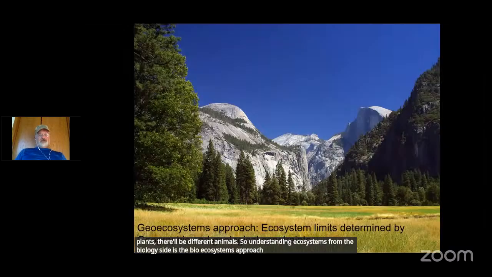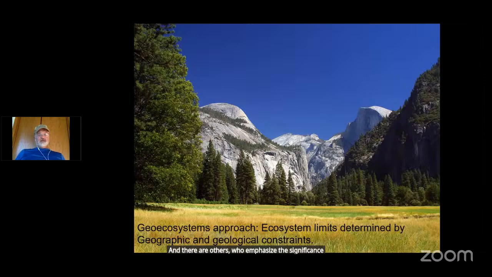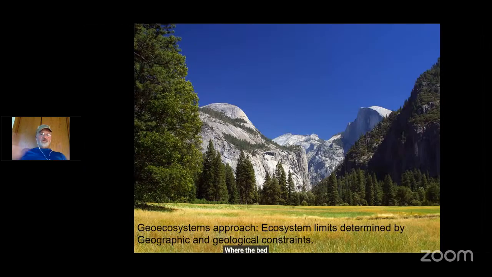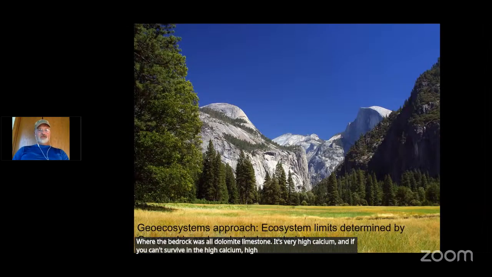And there are others who emphasize the significance that the geology itself has on the region. And one of the places that really was clear to me not too long ago was in southern France, where the bedrock was all dolomite limestone. It's very high calcium, and if you can't survive in a high calcium, high magnesium environment, you're not there. So everything was driven by the geology itself. Sometimes there's isolation.